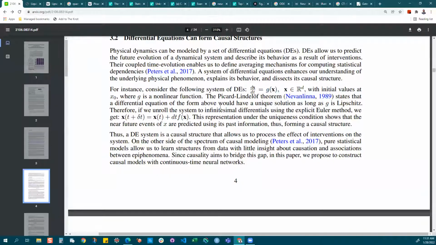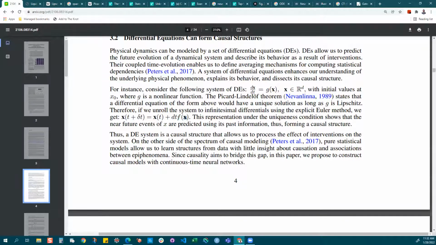And then they use the Euler method to unroll this very equation into infinitesimal differentials, and they add the time variable, expanding it using the Euler method, and they come up with a new function called f.